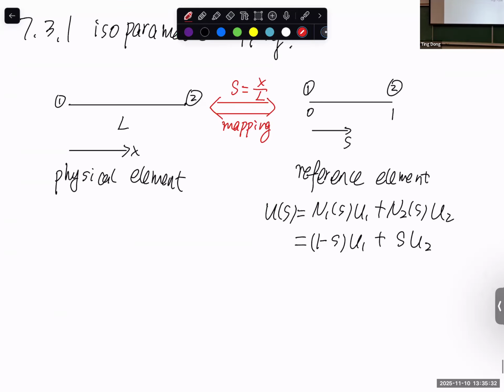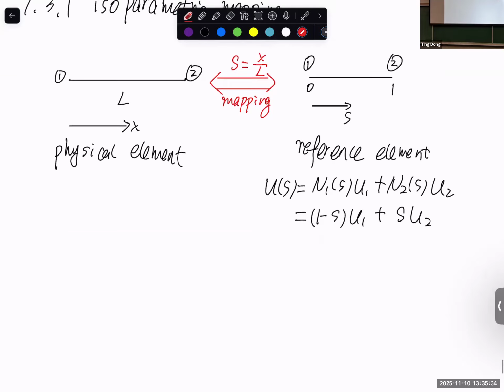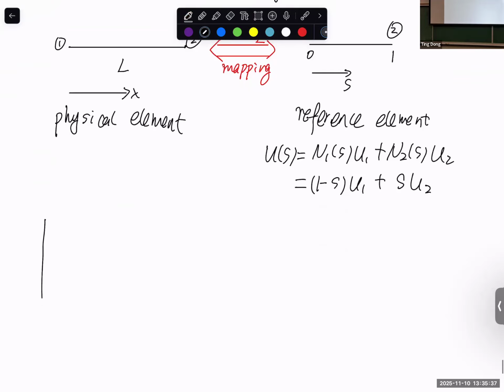Now, since we are dealing with a plane stress situation, let's assume that in the 2D space, XY coordinates, we have a general-shape quadrilateral element.